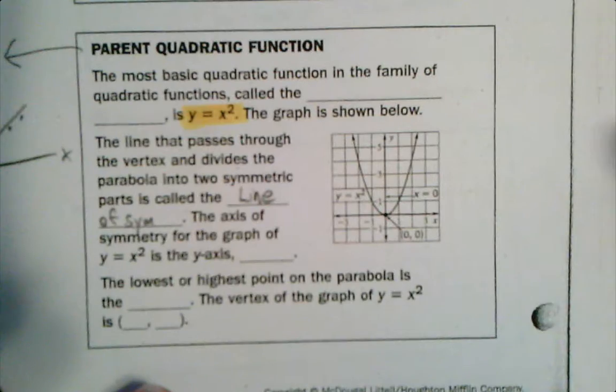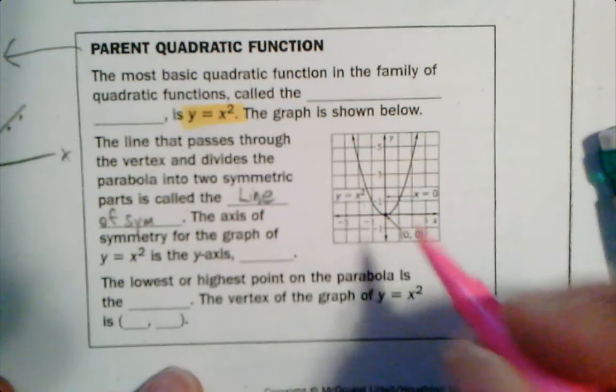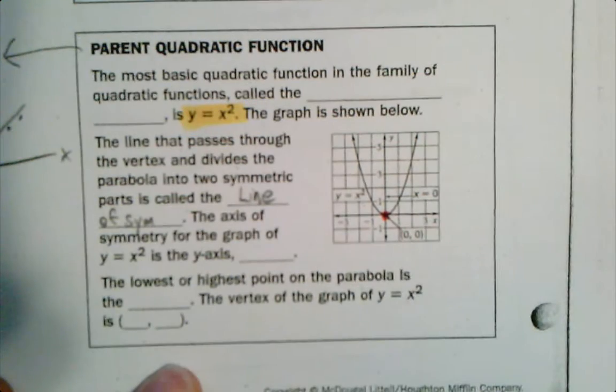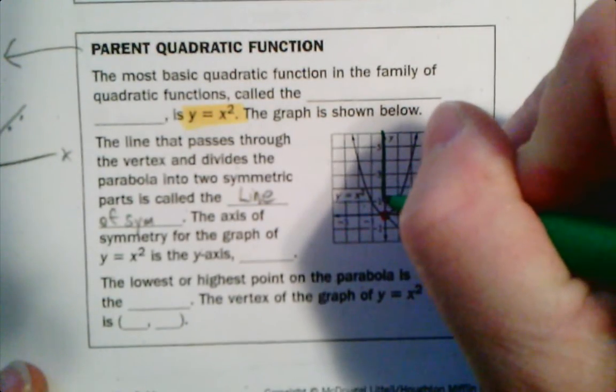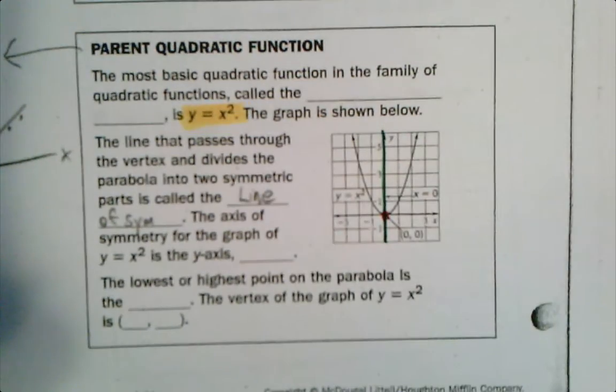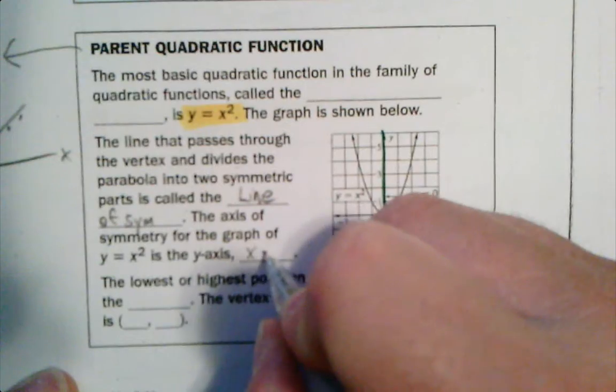It's right here. So I'll do the line of symmetry, and this is my vertex. Try to keep the colors the same. My line of symmetry was green here. So basically, the line of symmetry is the y-axis, or you could even write the equation x equals 0.